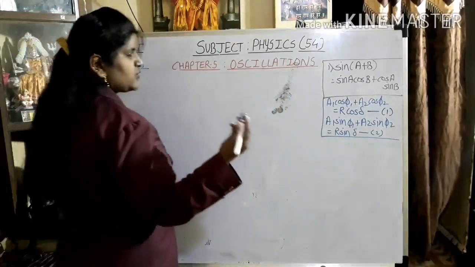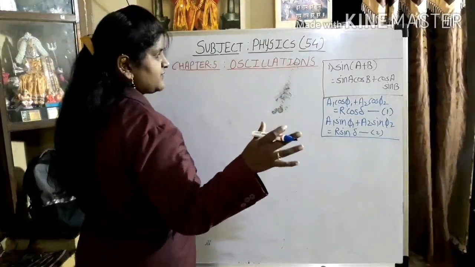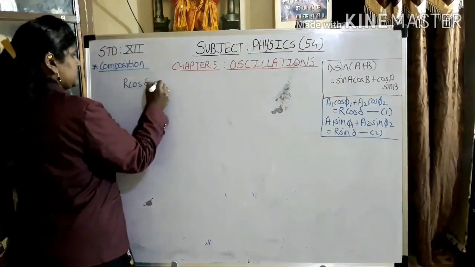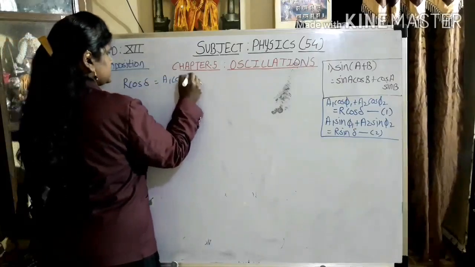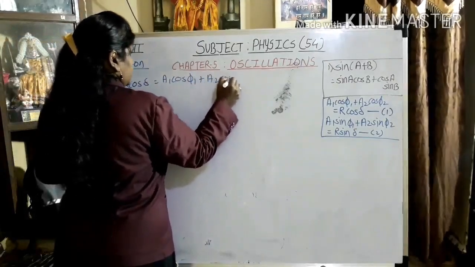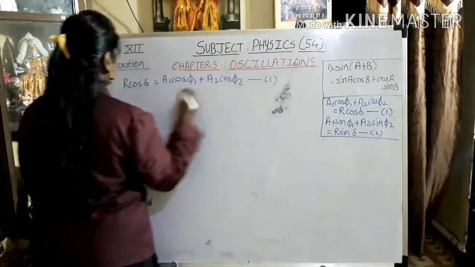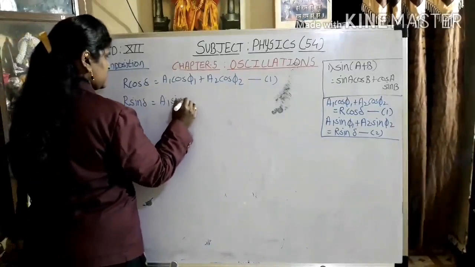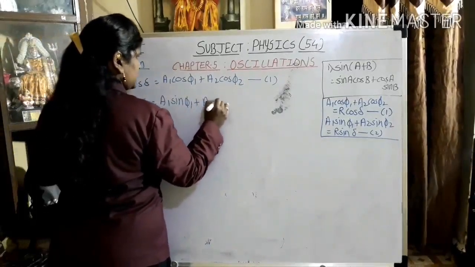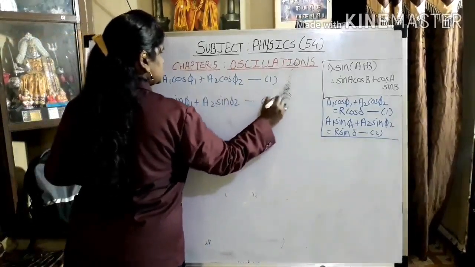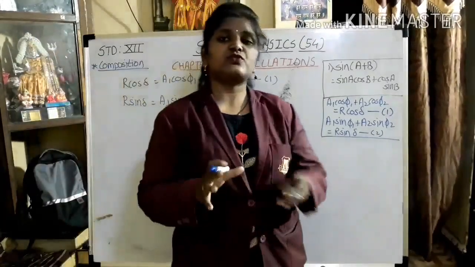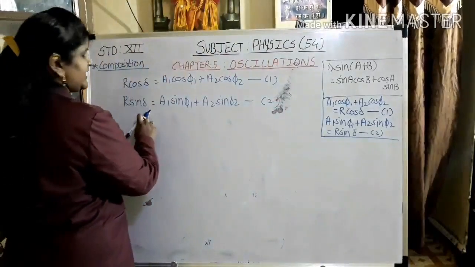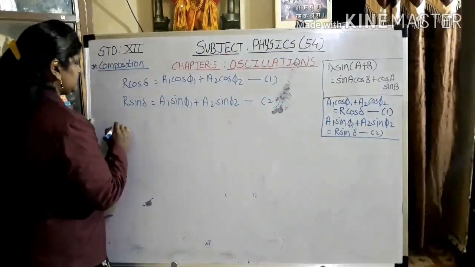First equation, which is r cos delta is equal to a1 cos phi 1 plus a2 cos phi 2. So I will write the equation again. This is the first equation, and second we got the other. So what I am going to do is square and add both the equations. So what happens by squaring?